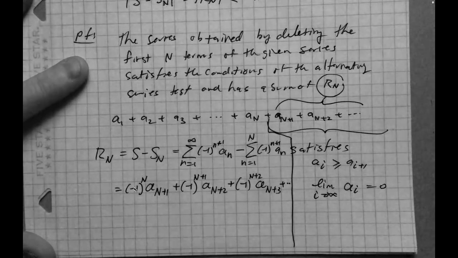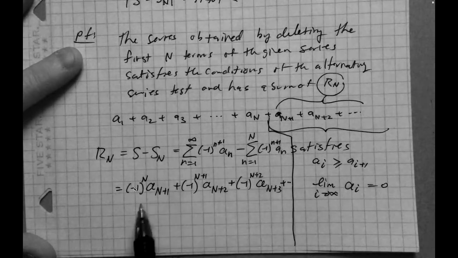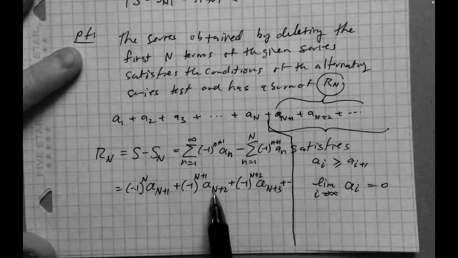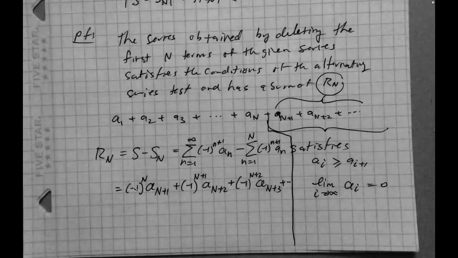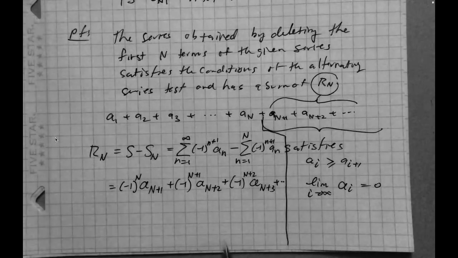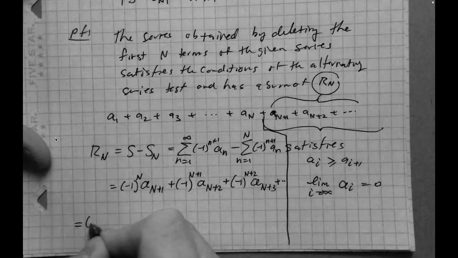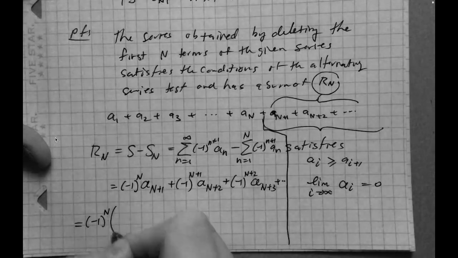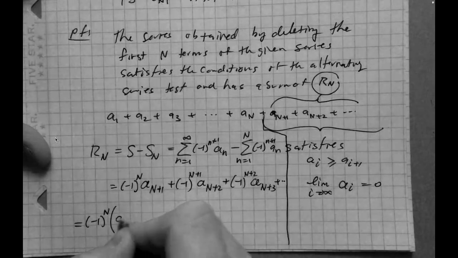Okay. And so we can factor the negative 1 out of this, right? If we factor n negative 1s out, then we should be able to figure out what all of the values here are. So keep in mind what happens to negative 1 as you continuously exponentiate it. It just toggles back and forth, right? So I can take out negative 1 to the nth power, and if I pull that out of here, I'm just left with a_{n+1}.